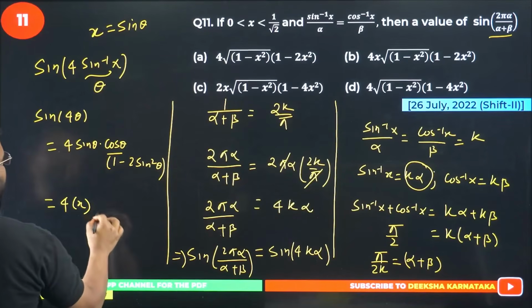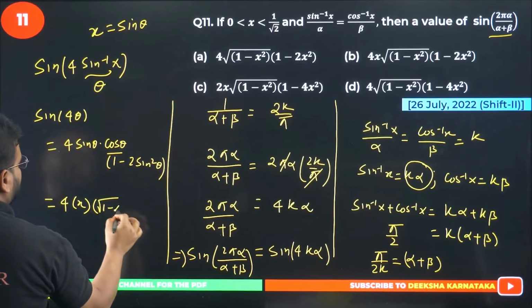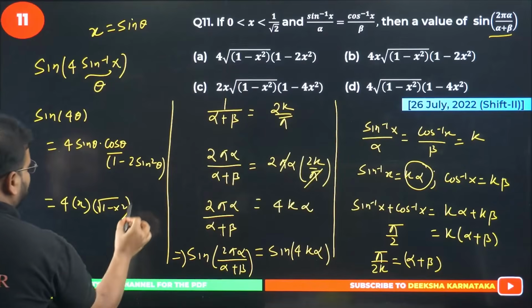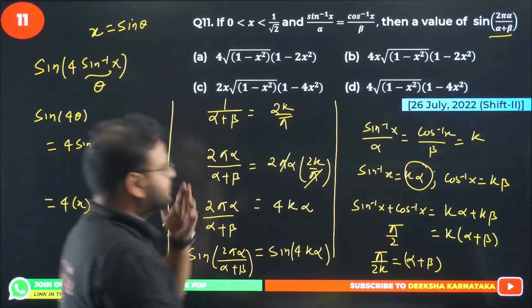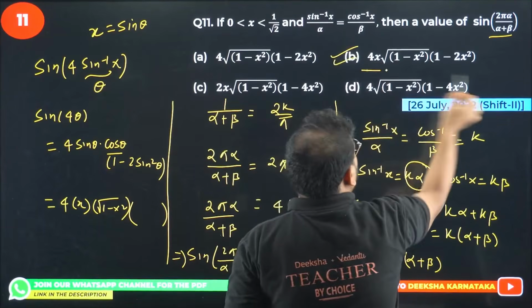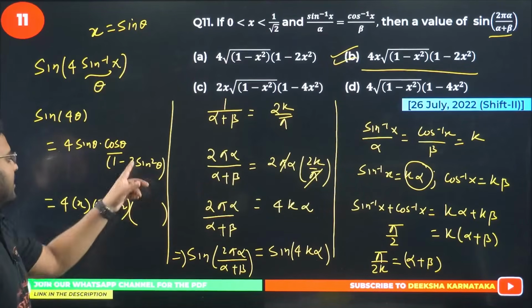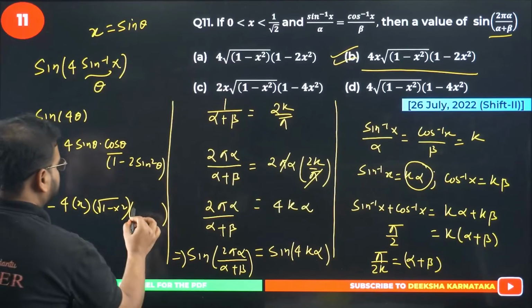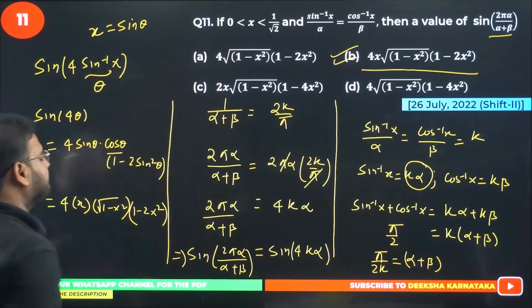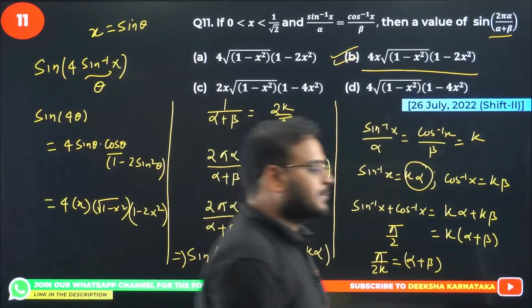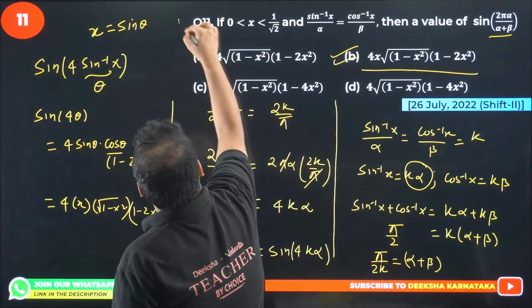Cos theta will become root of 1 minus x square. Whatever continues from here doesn't matter. Answer will become option B. Only one option is like this, please check. 4x with only one option like this. Compare, you're going to get the same answer, 1 minus 2x square. Option is B. Answer is option B.